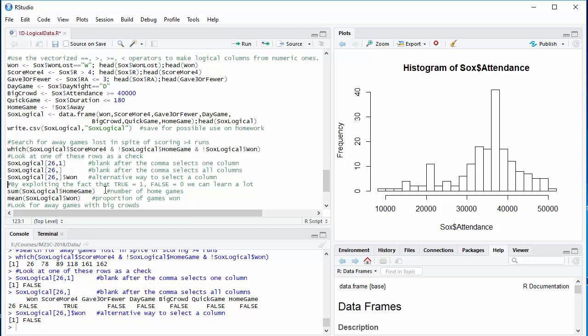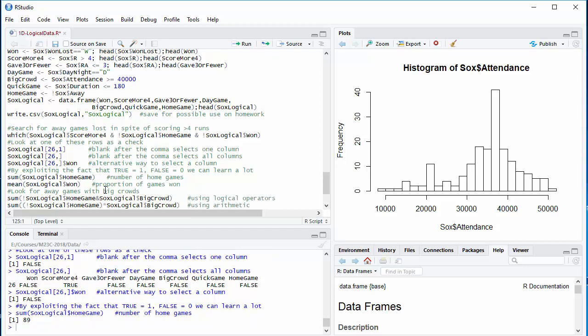Now we can start exploiting the fact that true is 1 and false is 0. How many home games? We just take the sum of Sox.logical home game, adding up all the ones we get for the trues, and we discover there were 89 home games. Some of them, by the way, were postseason games, in case you're thinking that's not half of 162.